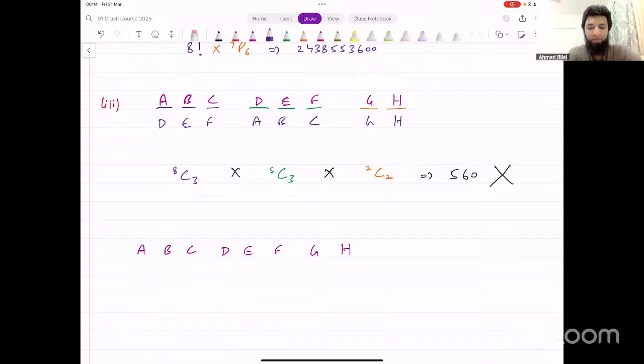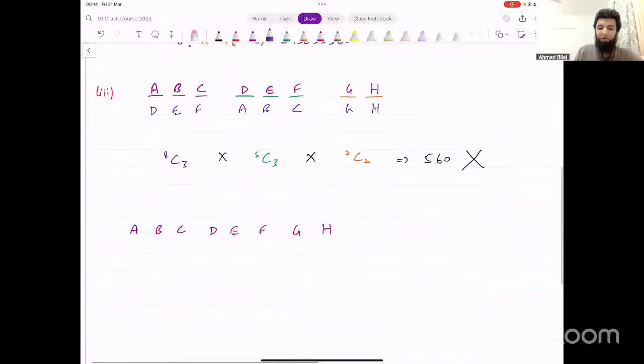But are they really different? They're both the same, because the only thing that has changed is we have put A, B, C in the second group in the second case, and we've put D, E, F in the first group in this case. That's the only thing that has changed.